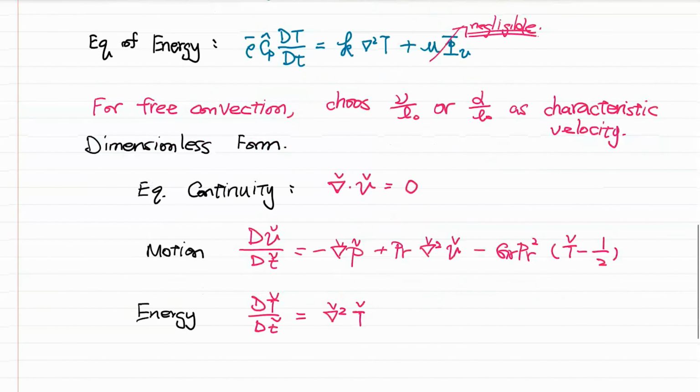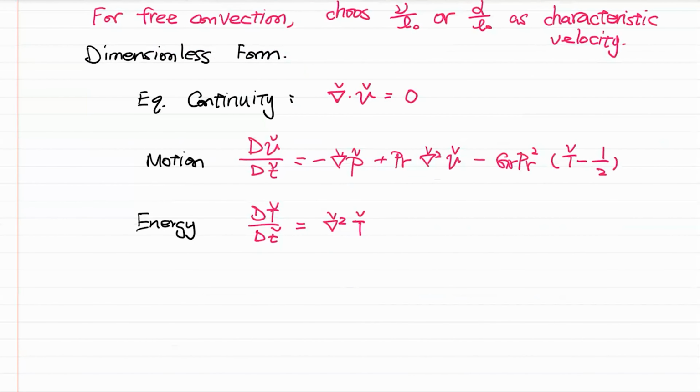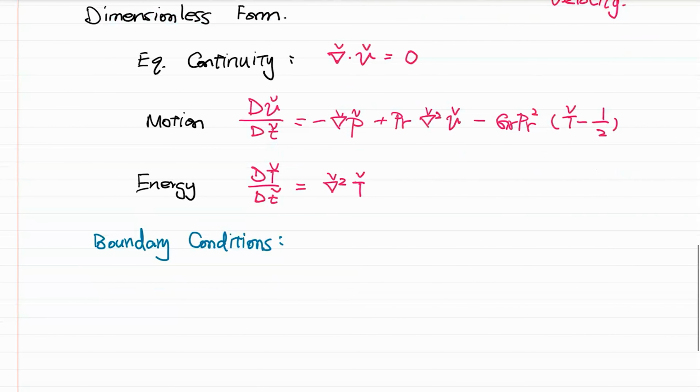Okay, and now let's look at the boundary conditions. At z equals 0, we have the no-slip condition, v equals 0, and T equals T naught.